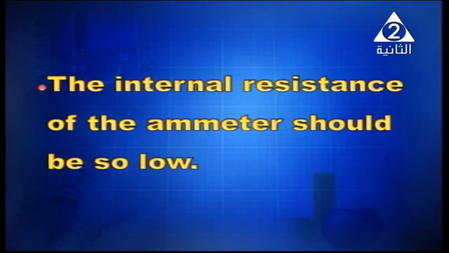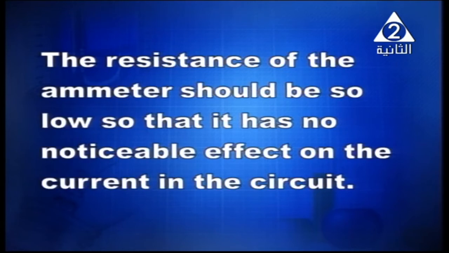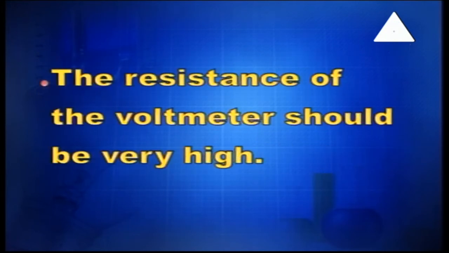Give reason 4: the internal resistance of the ammeter should be so low. Why? We want the ammeter to have very low resistance, so that it has no noticeable effect on the current in the circuit. And another give reason: the resistance of the voltmeter should be very high.